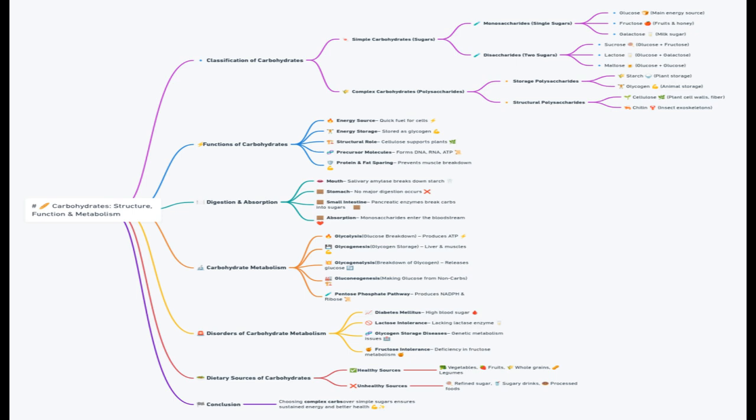And then D-galactose is an epimer at carbon number 4, where you have your OH moving from the right to the left.